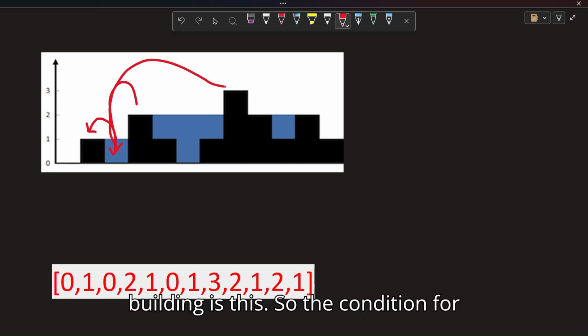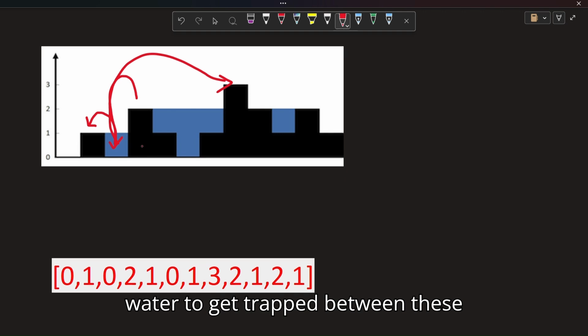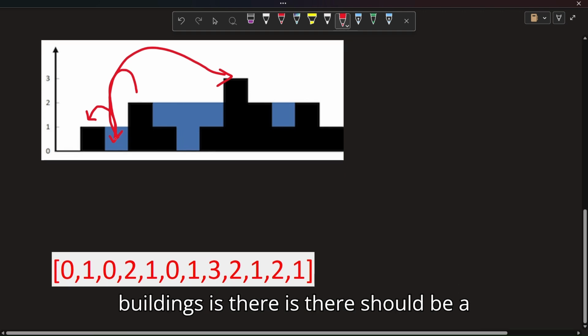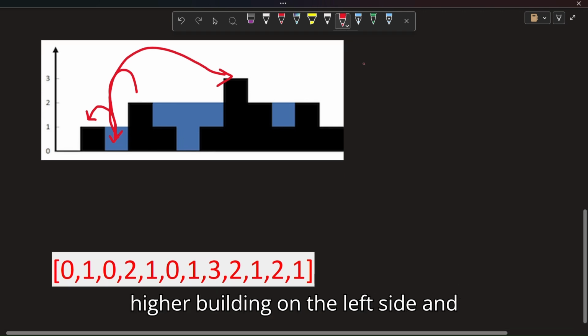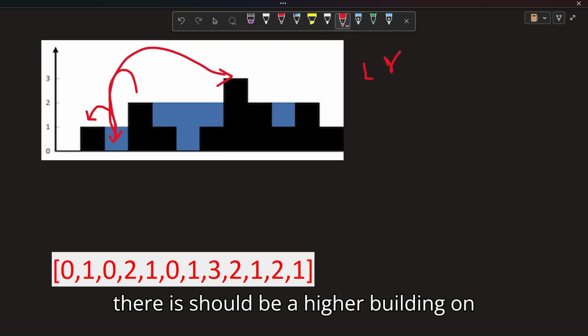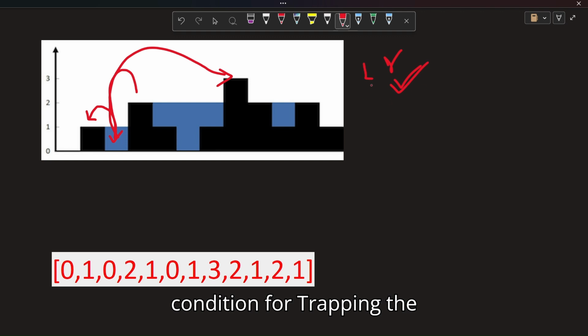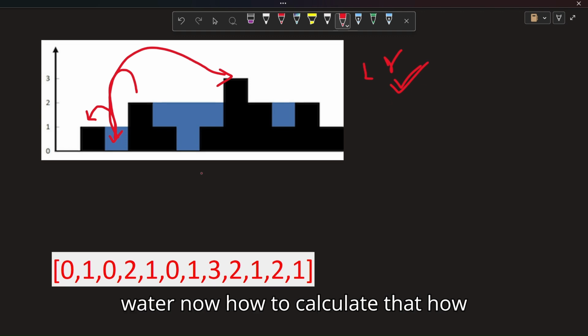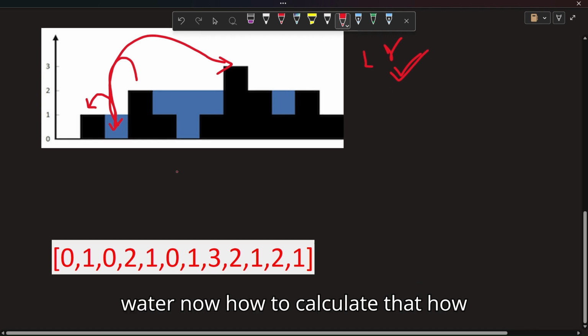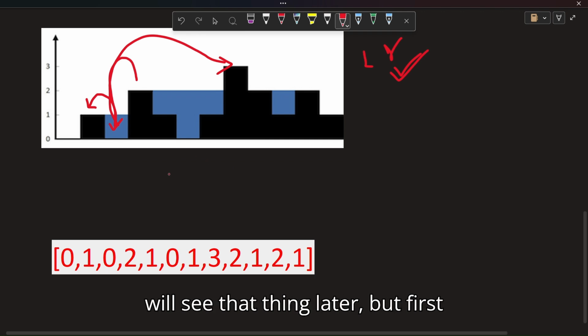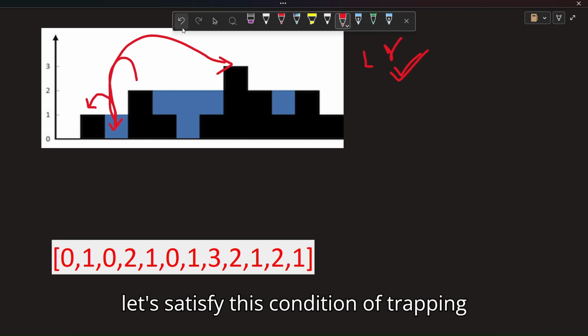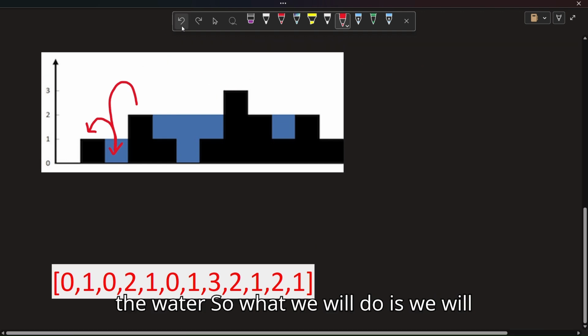So the condition for water to get trapped is that there should be a higher building on the left side and a higher building on the right side. We have to satisfy this condition for trapping the water. How to calculate how much water it will trap, we will see later, but first let's satisfy this condition.